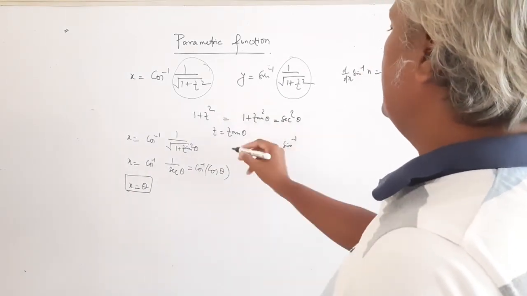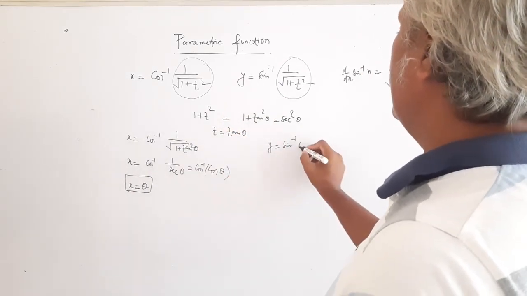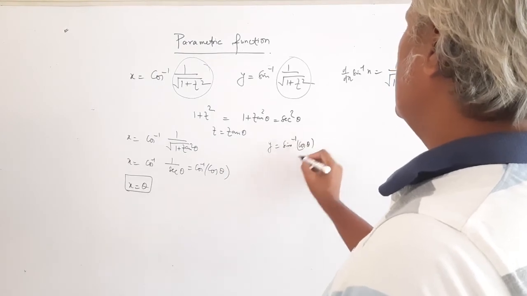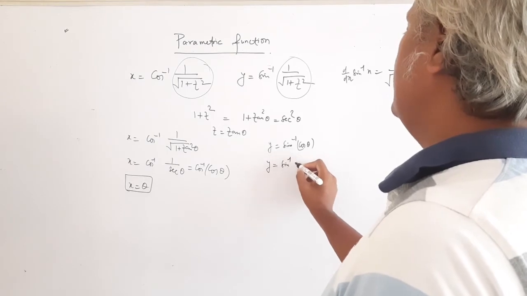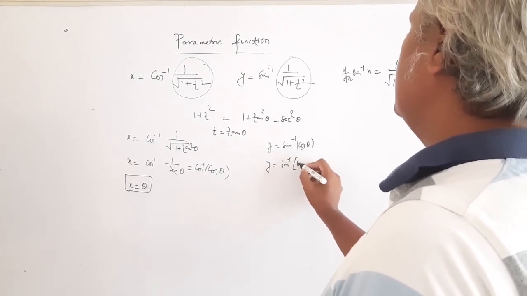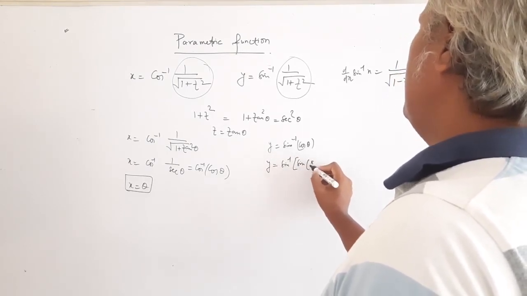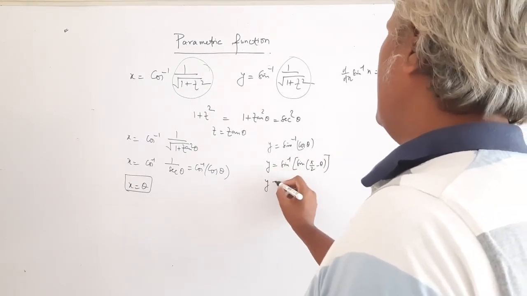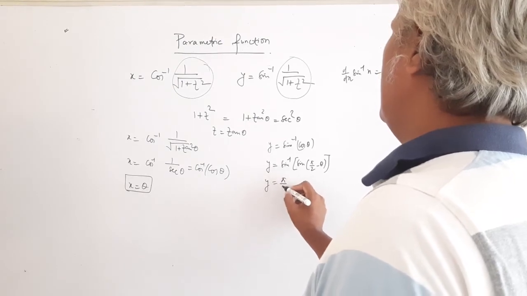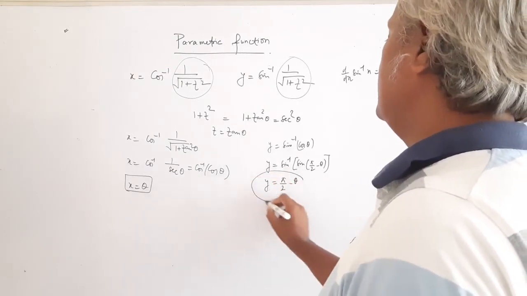So directly, because I have already done this one, I'll write directly here this as cos theta. Now y equal to sine inverse cos theta can be written as sine inverse sin of pi by 2 minus theta. So y equal to pi by 2 minus theta.